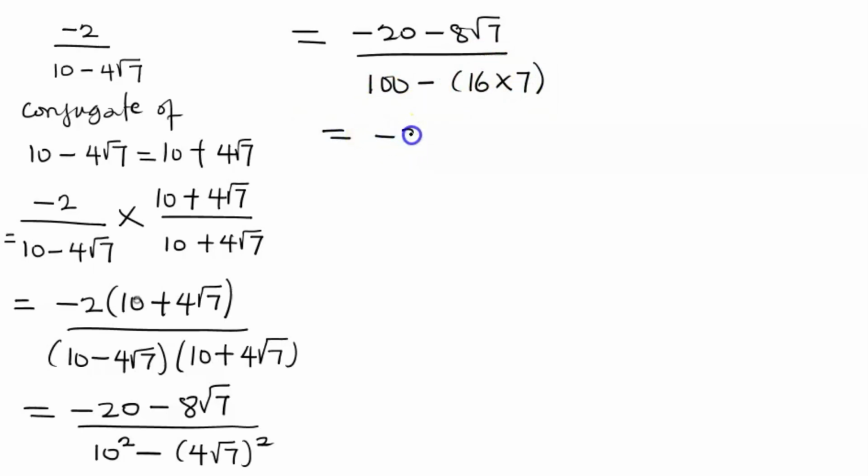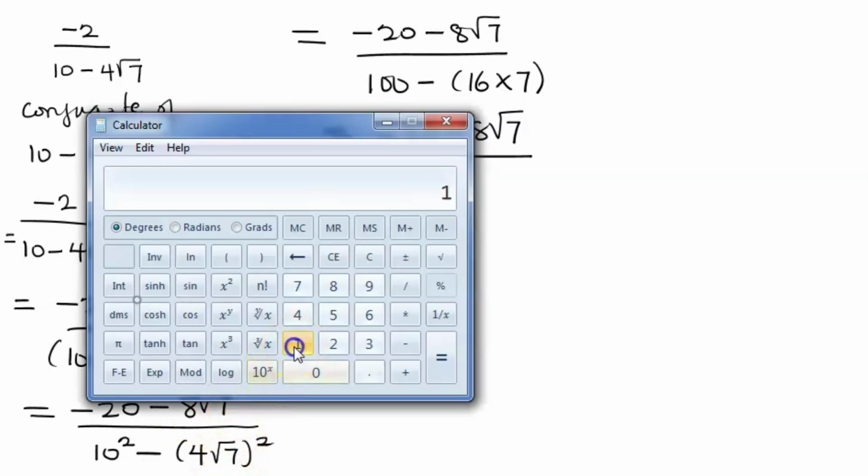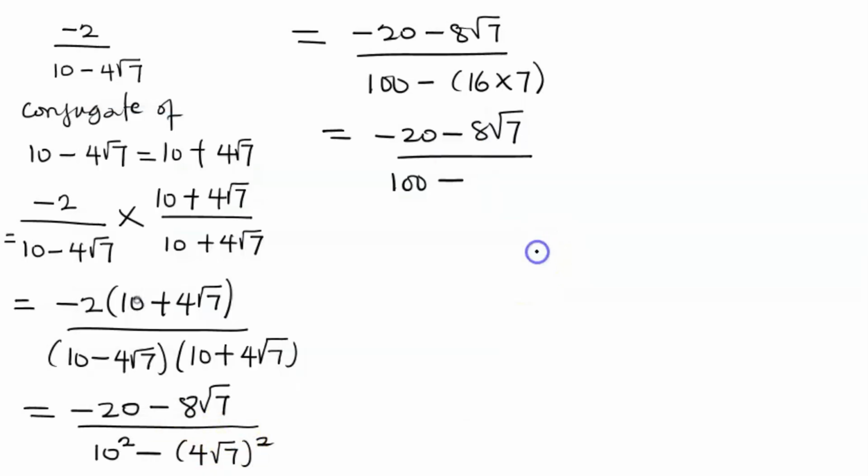This is going to now be 20 minus 8 root 7 divided by 100 minus, so let's quickly do this. 16 times 7, that's 112. So we have 112. Okay, so this is going to give us minus 20 minus 8 root 7 divided by negative 12.